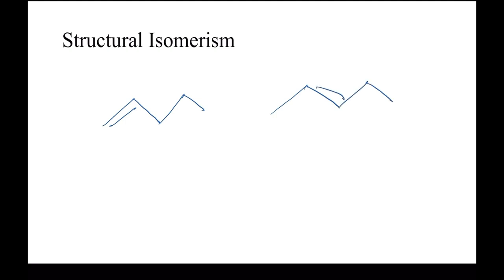Or maybe I have a branching. So I have a branching right here, right? So I have a CH3. So depending on the position of my double bond, this would be pent-1-ene, right? This is going to be pent-2-ene, whereas this is going to be what?